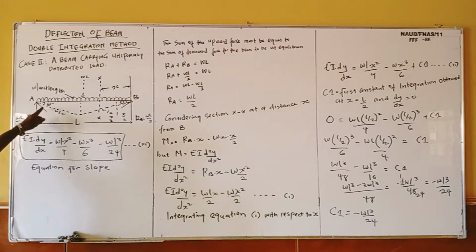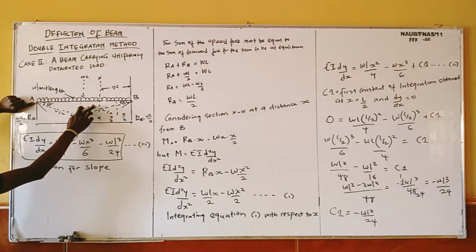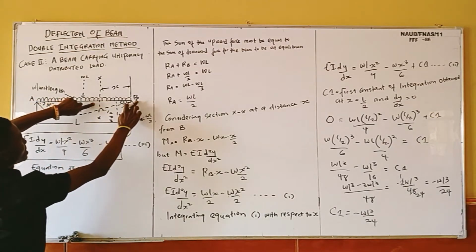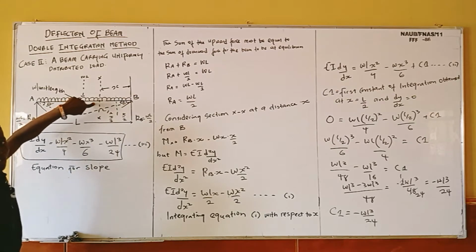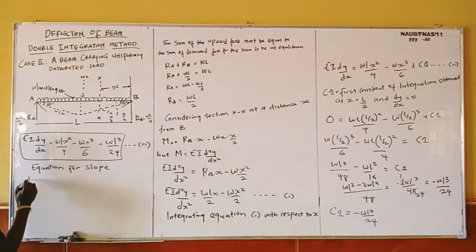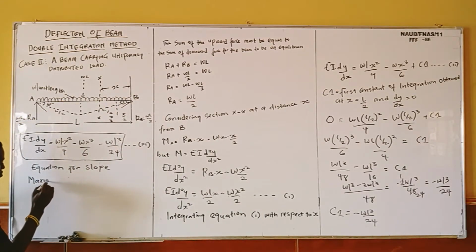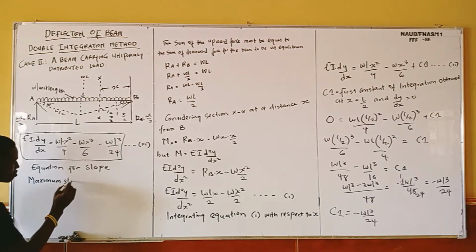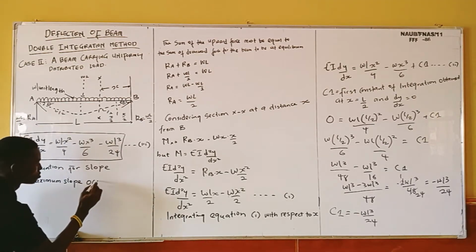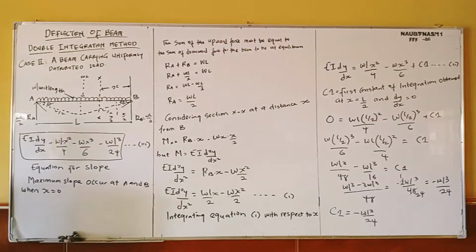So now, for maximum slope to occur at the ends, which are A and B, if we are considering section XX at this point A, X is 0. And if we are considering this section at this point B, X is 0.